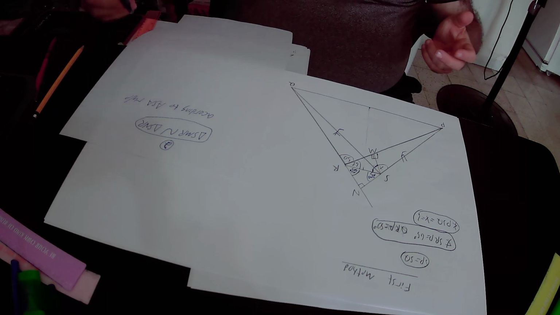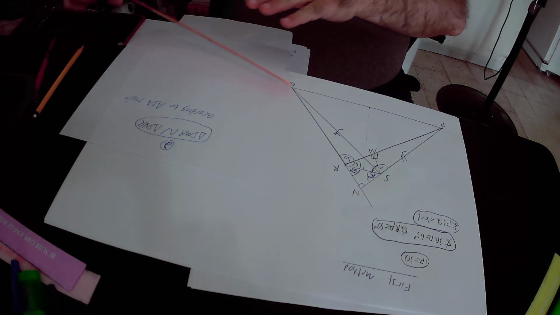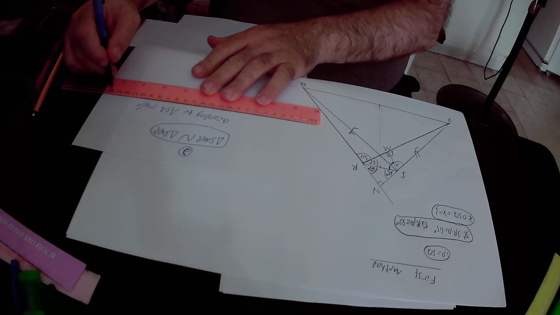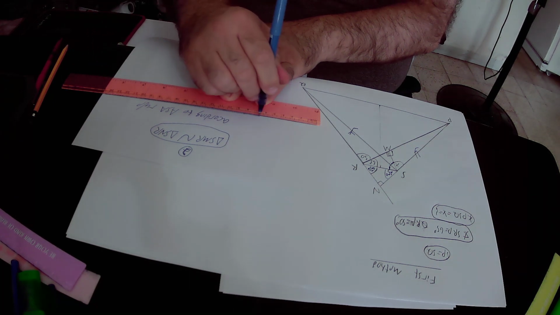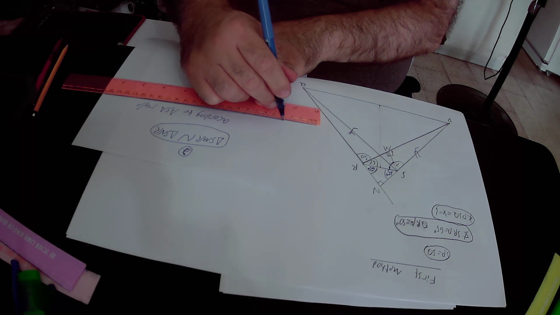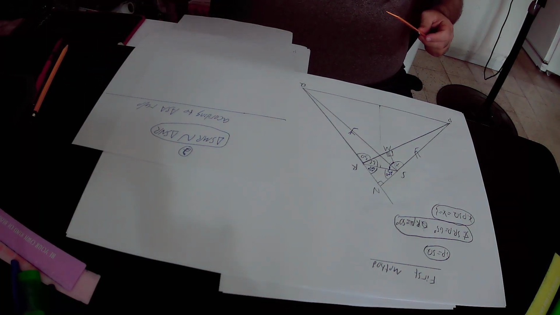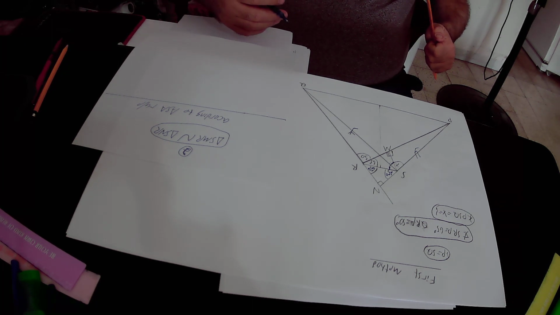So what is the side angle rule? The side angle rule is that if you prove that two angles of one triangle and the side attached to those two angles are correspondingly equal to two angles and the side attached to those two angles in another triangle, then you have proved that those two triangles are congruent according to the side angle rule.